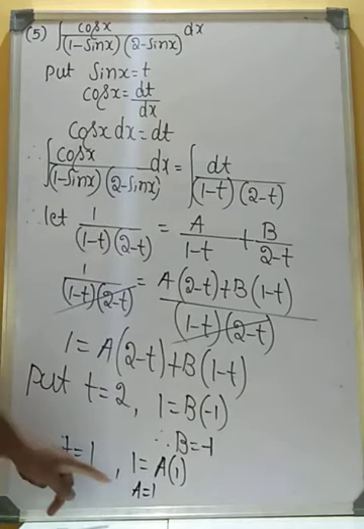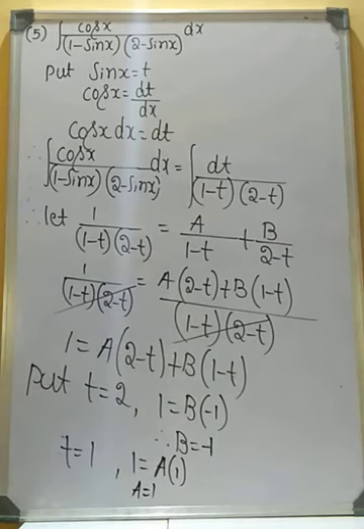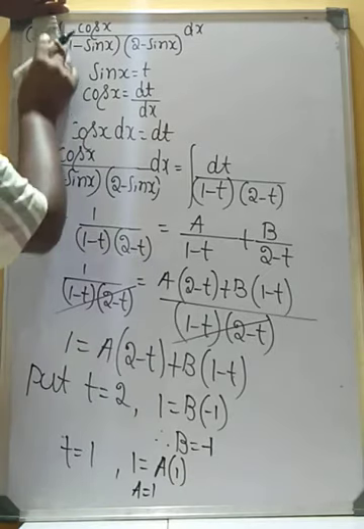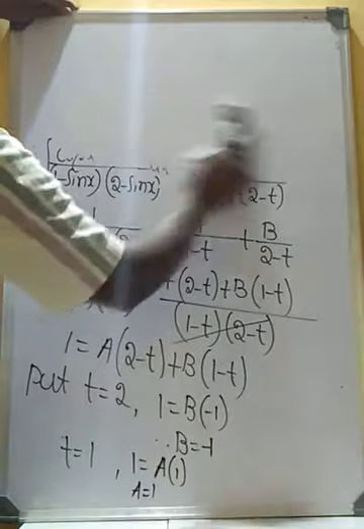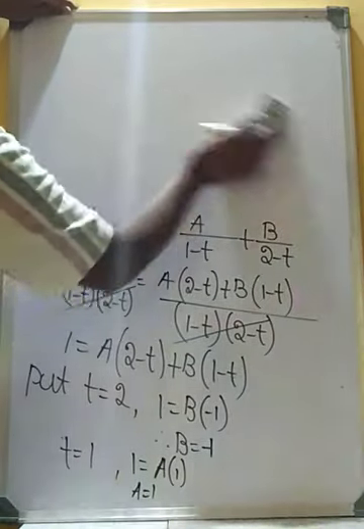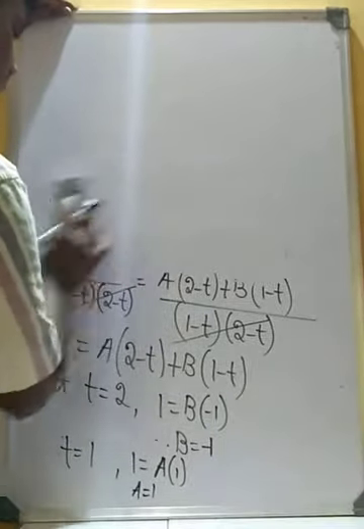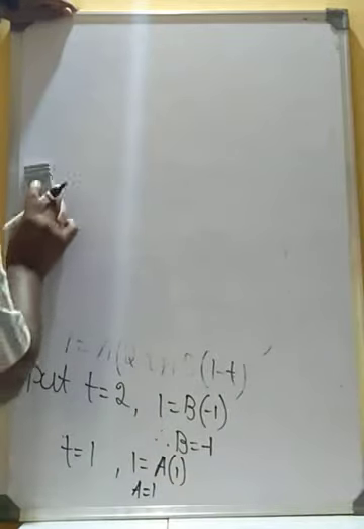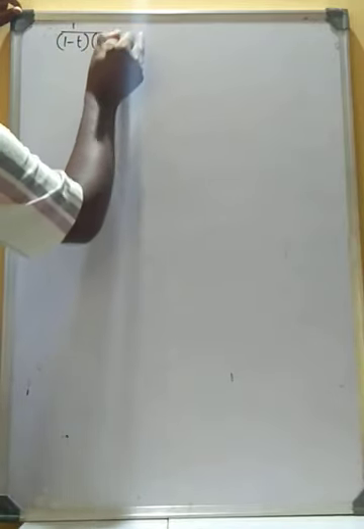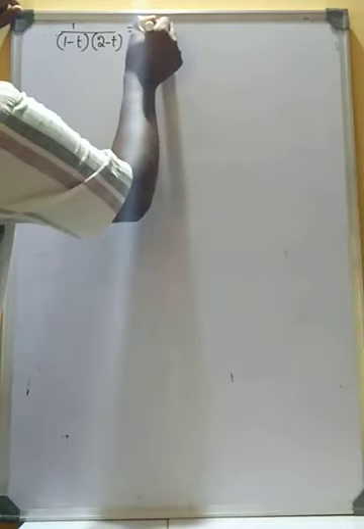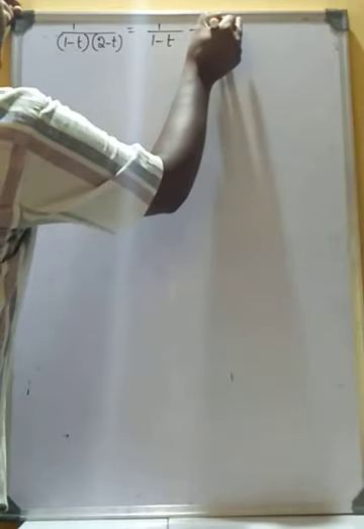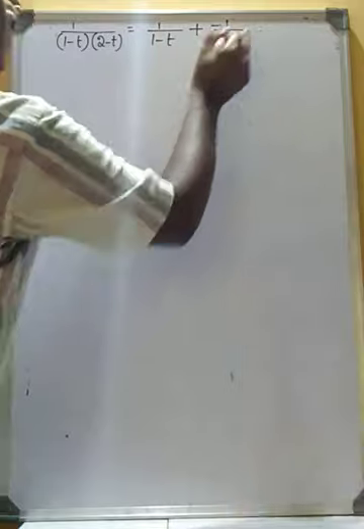The value of a is 1 and b is minus 1. So therefore 1 dividing by (1 minus t) into (2 minus t) equals a is 1, 1 dividing by 1 minus t plus b is minus 1 dividing by 2 minus t.